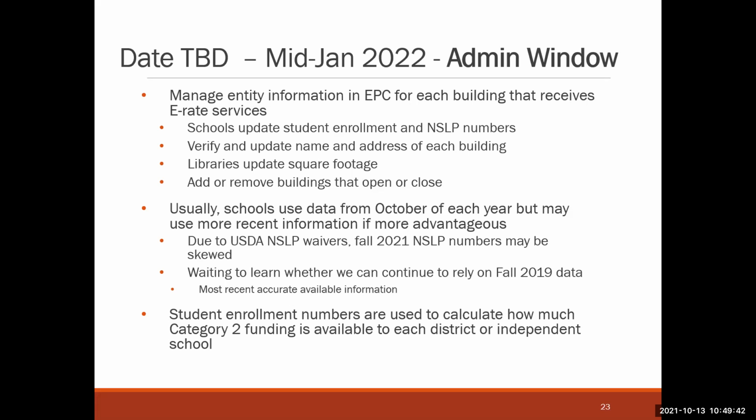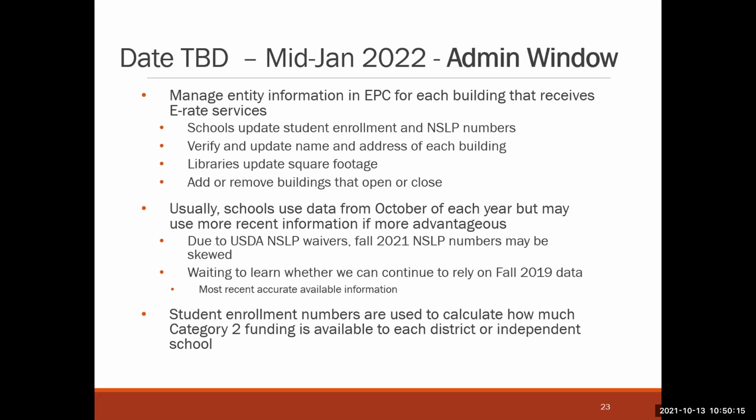If they undercount NSLP students, that's going to reduce your poverty percentage and would then decrease your E-rate discount. So last year, the Federal Communications Commission specifically said you didn't have to use the fall 2020 data, you could continue to use the fall 2019 data, because that was the most recent accurate data available.